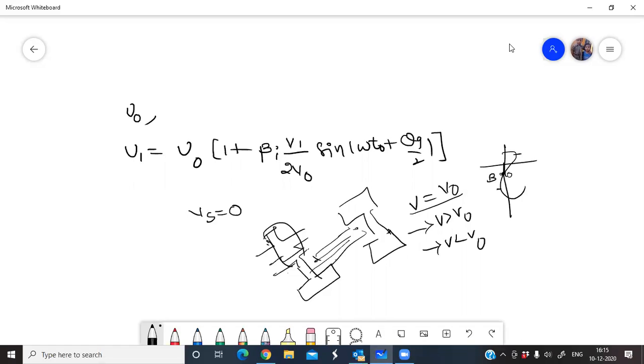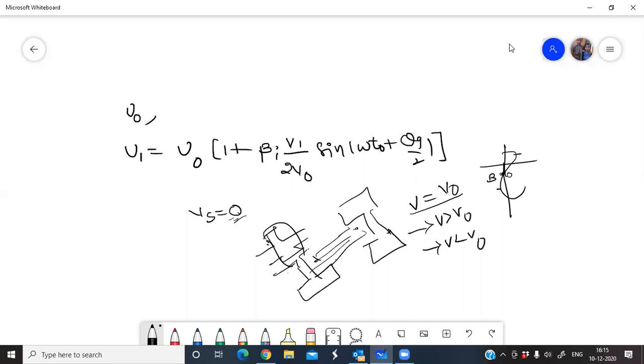Whenever Vs is equal to 0, the velocity is uniform; when Vs is positive, faster than for Vs equal to 0; and when Vs is negative, slower than for Vs equal to 0. So finally, all are bunched at one place.